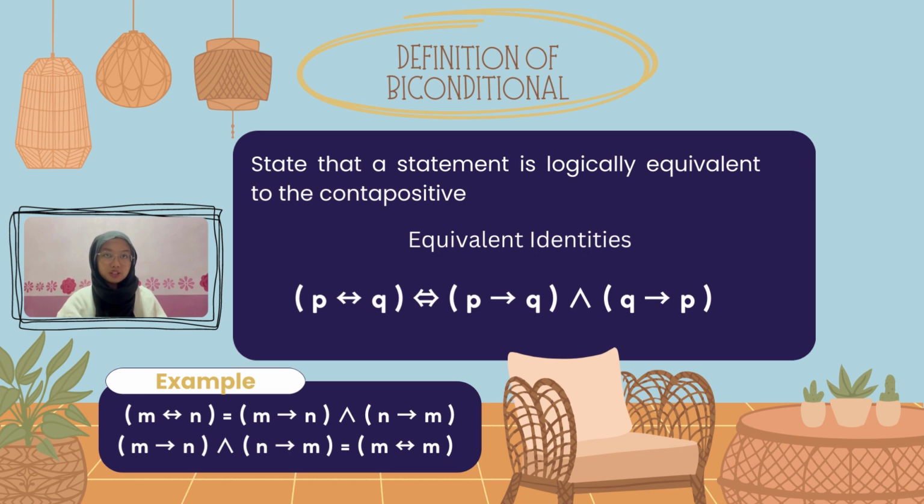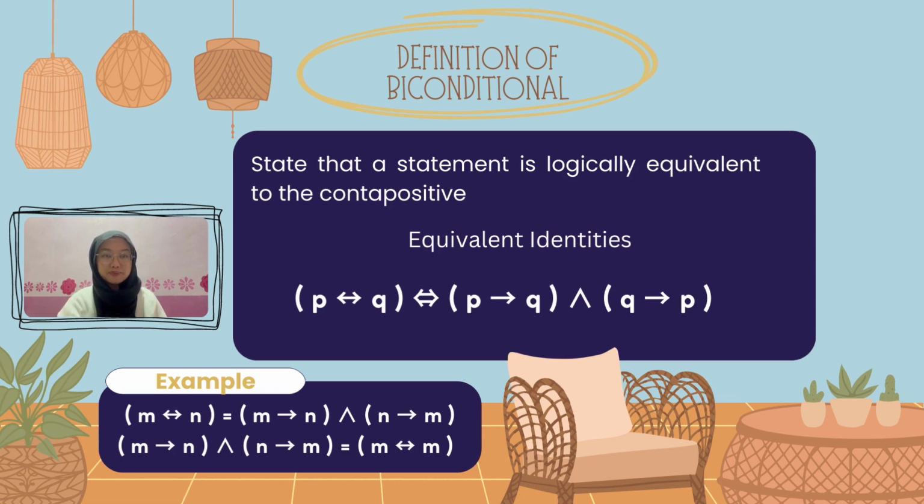So I'll be talking about the definition of biconditional. It states that a statement is logically equivalent to the contrapositive. The equivalent identity is (P is equivalent to Q) is equivalent to (P implies Q) and (Q implies P).